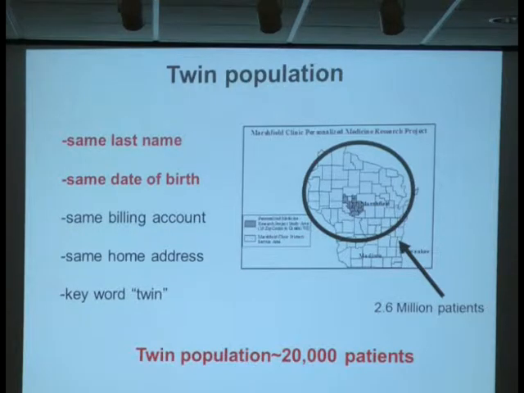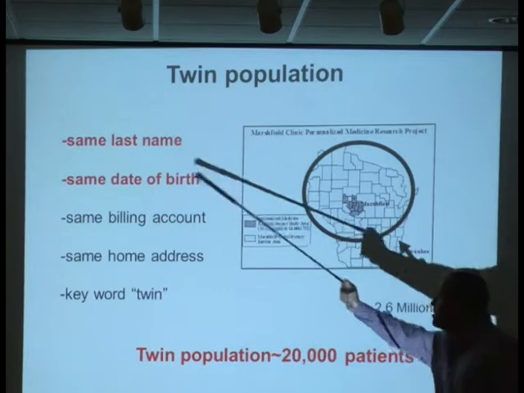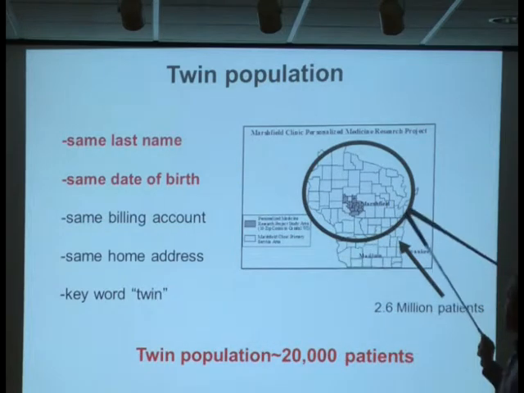We are born with the same name. And then there's other information like billing information that, because we're linked to our parents' billing data, could be the same, as well as we're probably coming from the same home address. As well as we might even have documentation within the electronic medical record system that's defined by physicians as us being identified as twins. So I'm taking all this information to identify in 2.6 million patients which of them are presumably twins. And when we do this, I identify nearly 20,000 individuals that are likely to be pairs of twins.